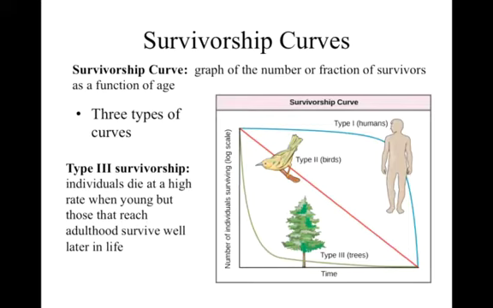The final type of survivorship curve is what we call type 3 survivorship. This is where young individuals, juveniles, babies, die at a really high rate, but once they reach adulthood, they survive really, really well. So they have a very low probability of dying when they're really old. This is typical in trees. The vast majority of little seedling trees don't make it. They die.